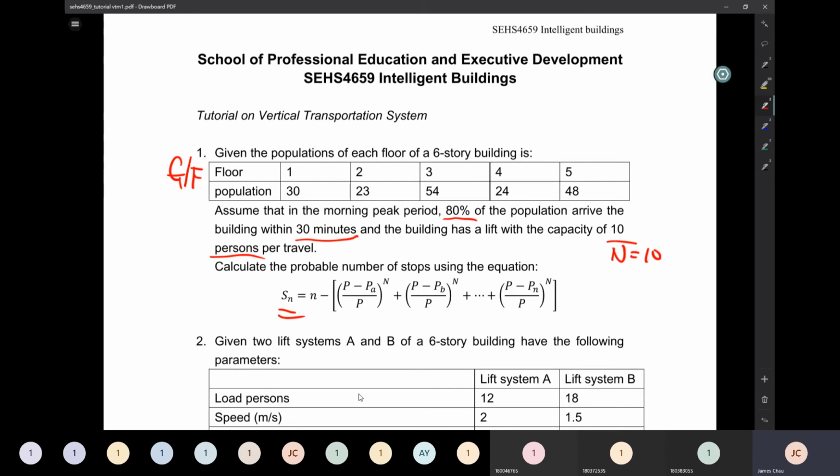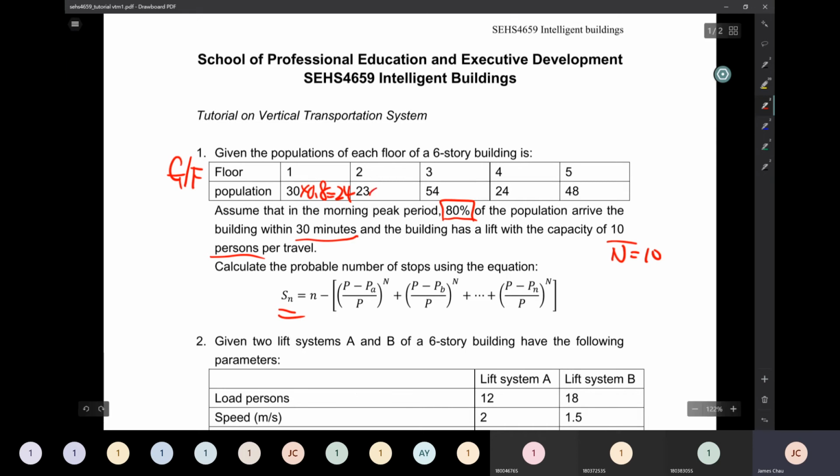For example, for floor 1, the population is 30, and because only 80% of the population arrive, you multiply by 0.8. As a result, the population is 24.